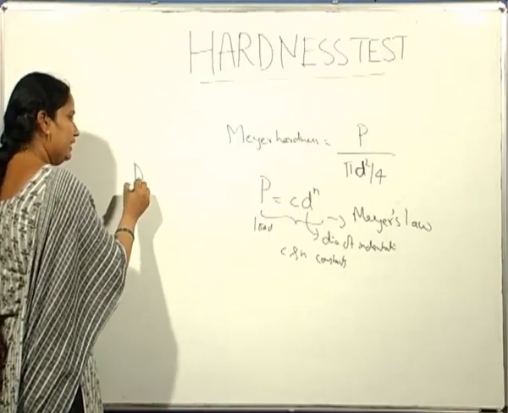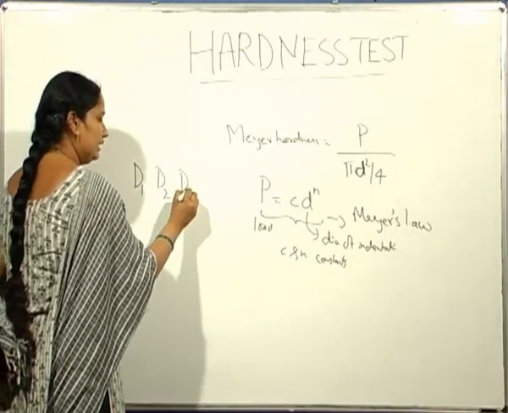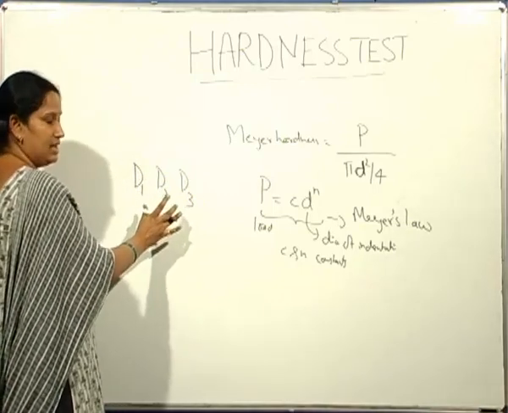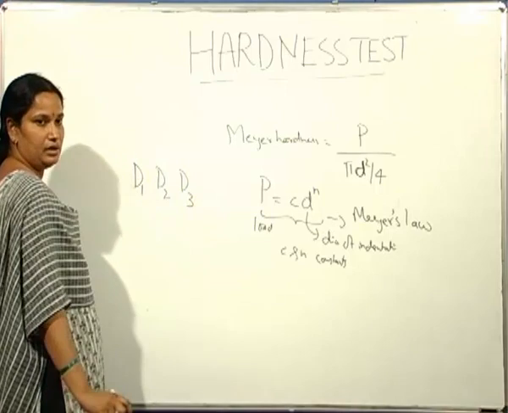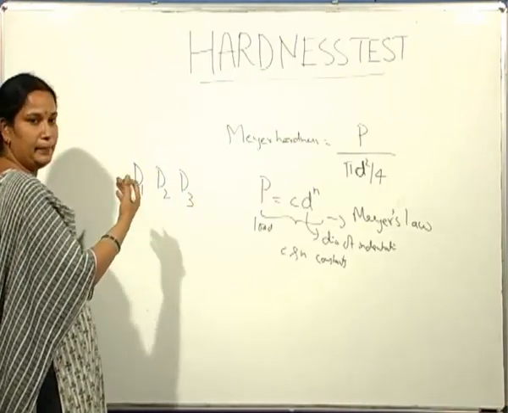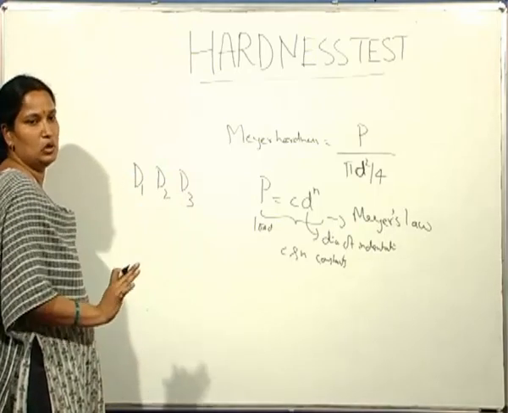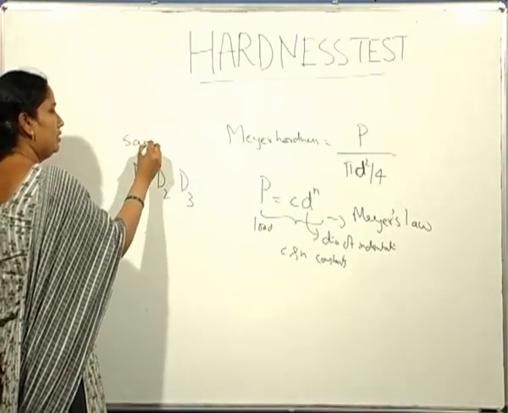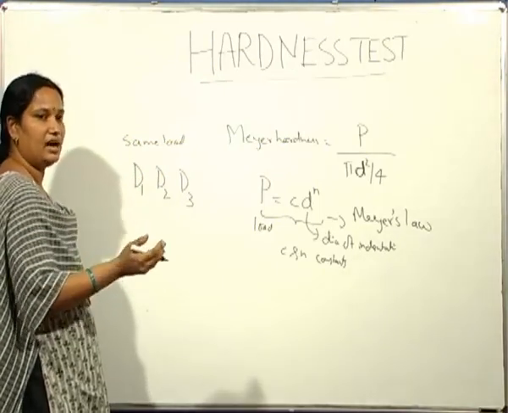for indenters having different diameters D1, D2, D3, the indentations produced by these indenters for the same load, the load is same, there is no change in the load, but the diameters of indenters are different.